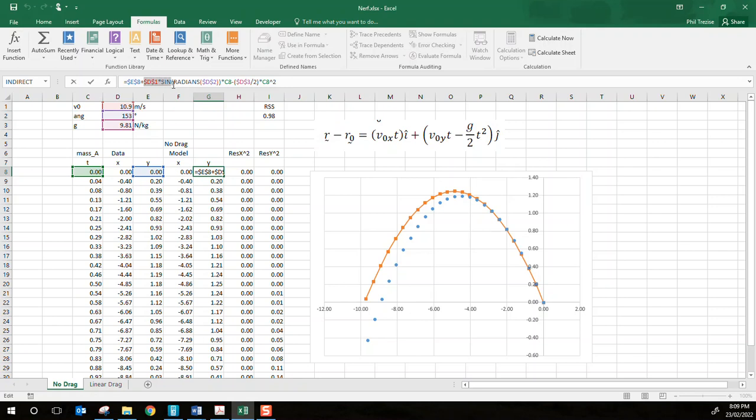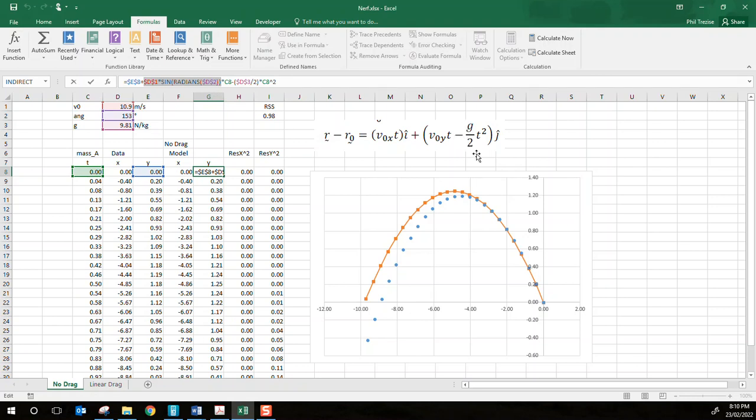So v0y is the bit that I've just highlighted. It's the speed by the sine of the angle in radians. So again, 10.9 and 153. So that's the v0y multiplied by time. Again, C8, no dollar signs. Time is variable. We want the time reference to update to the different time values as we copy.